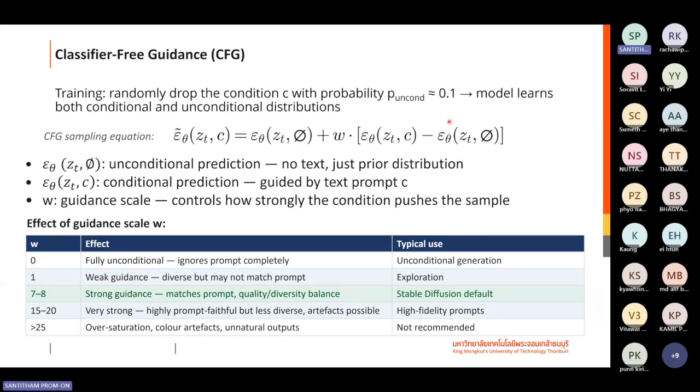So now you have the guidance, and the guidance depends on W here. Stable Diffusion uses this around 8. That is, you have the base noise, and then you have the guidance from the condition. The difference here would be this doesn't have C, it doesn't have condition, but you kind of impose the condition into the base noise.